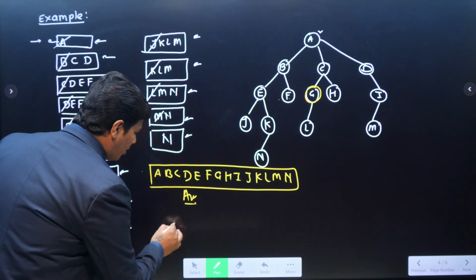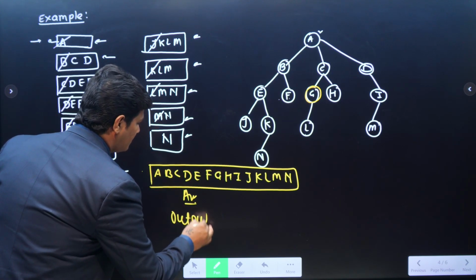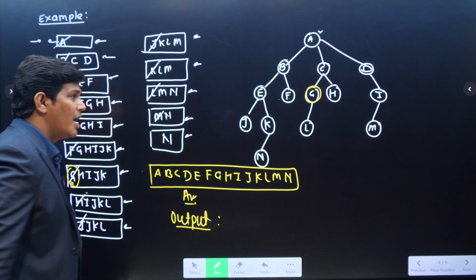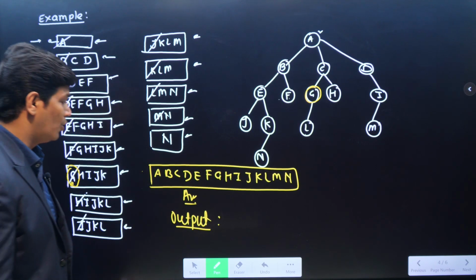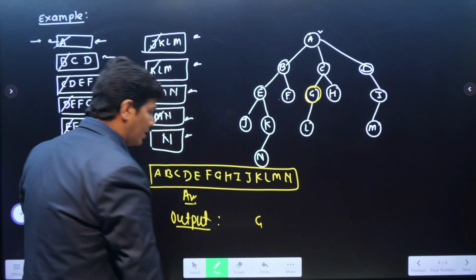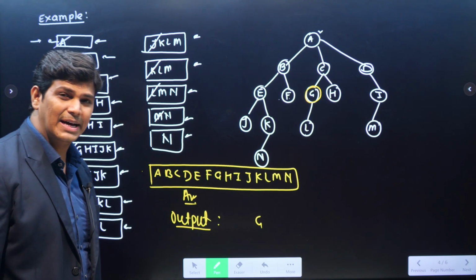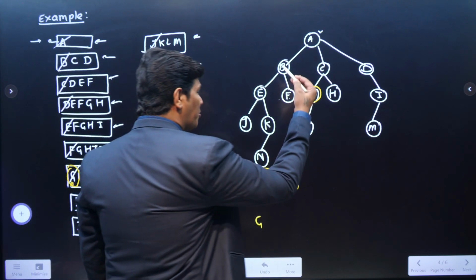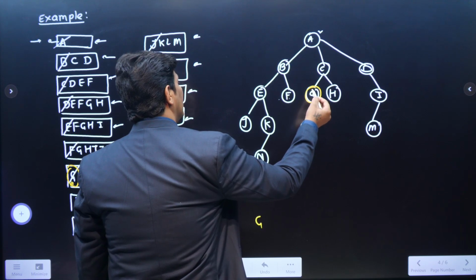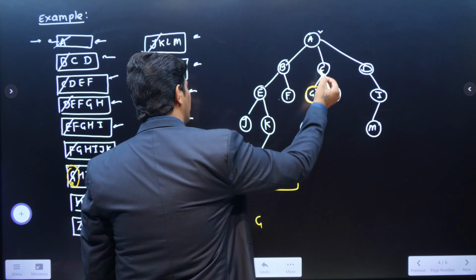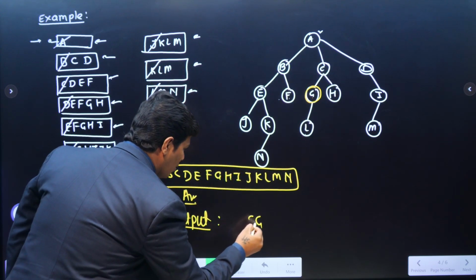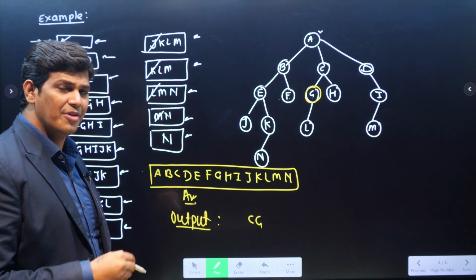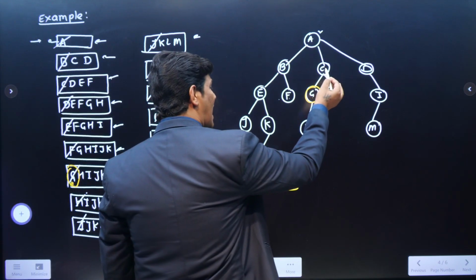After searching, what will be the output? The path. So how are we going to find the path of that node? Since the node is G, in order to find the path we need to check the parent node of this G. So this G has C as a parent node. Perfect. Now we check whether this C has any parent node.